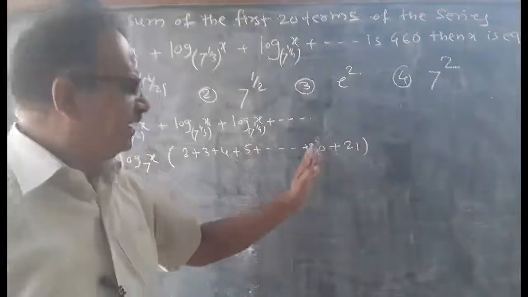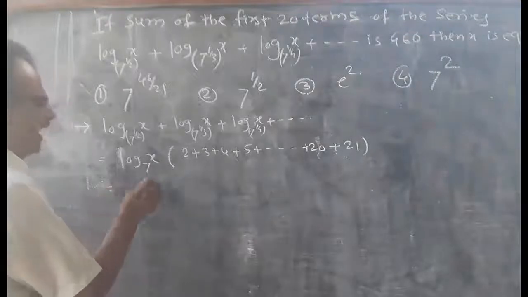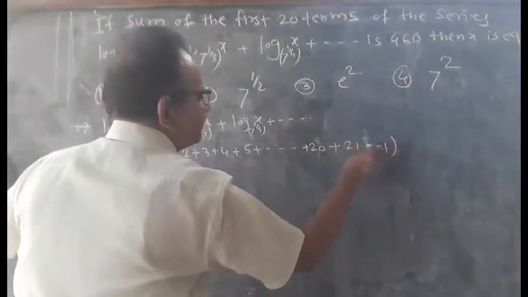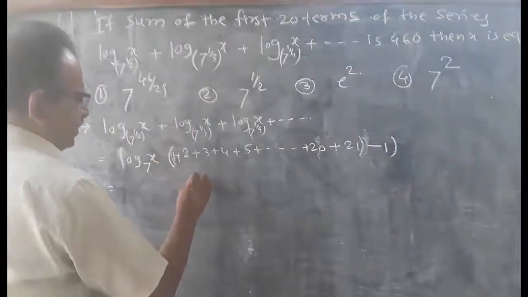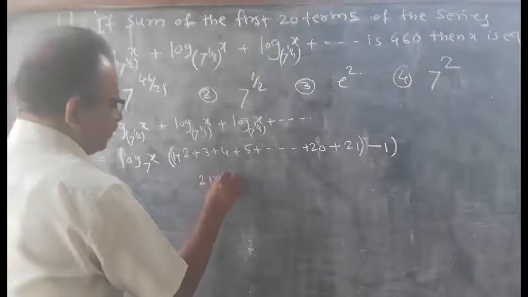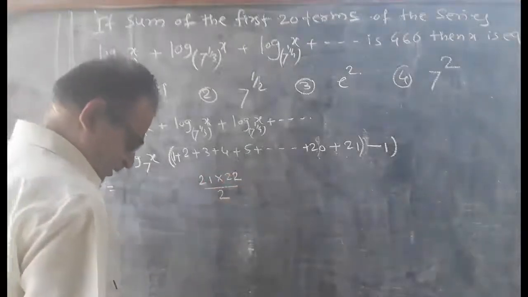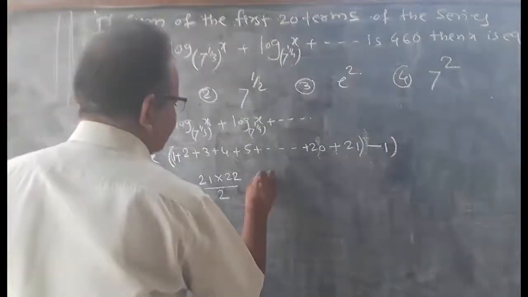This is an arithmetic progression. We shall add 1 here and subtract 1. And this sum is nothing but 21 into 22 by 2, 21 into 22 by 2 minus 1.